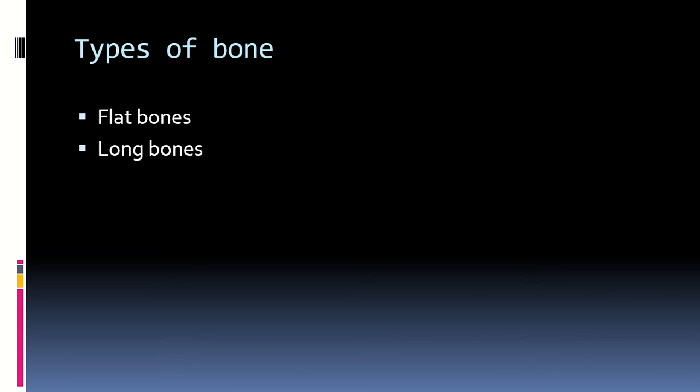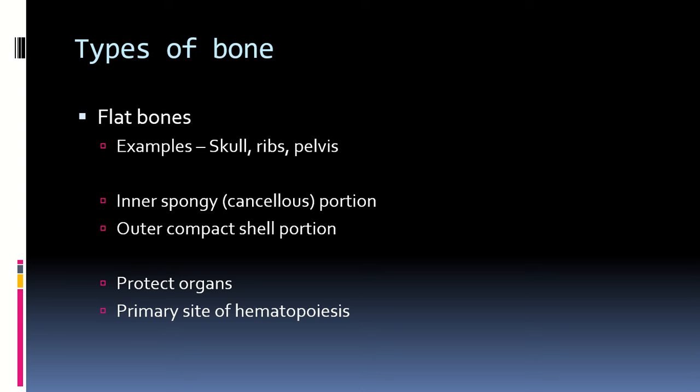Now, you also have two different types of bones, flat bones and long bones. Flat bones are what build the skull, your ribs, your pelvis. They have a somewhat spongy, cancellous portion, and they have an outer compact shell, which is definitely efficient at protecting organs.